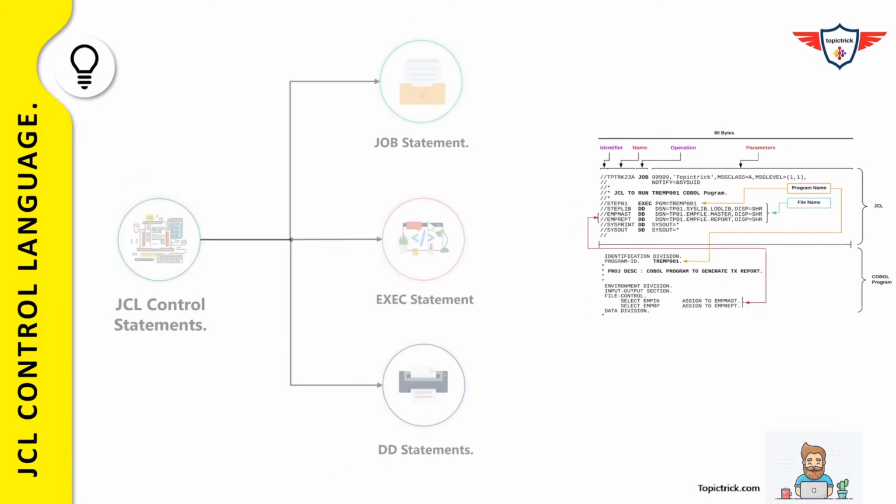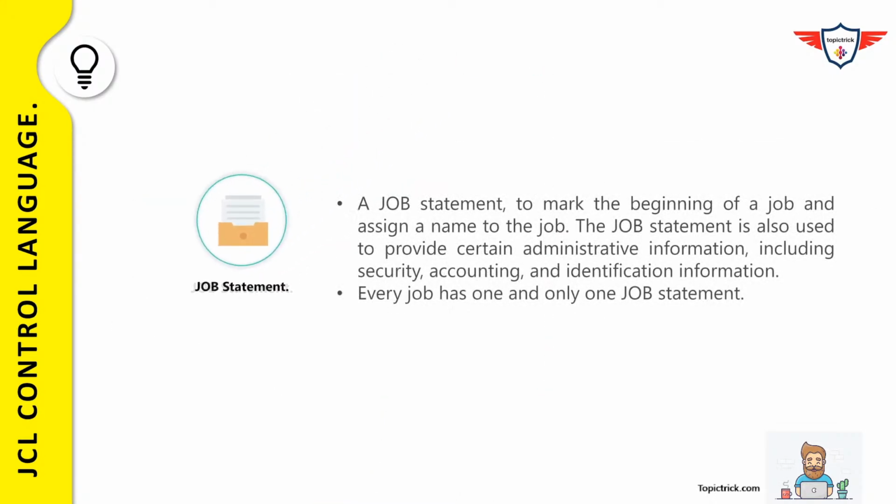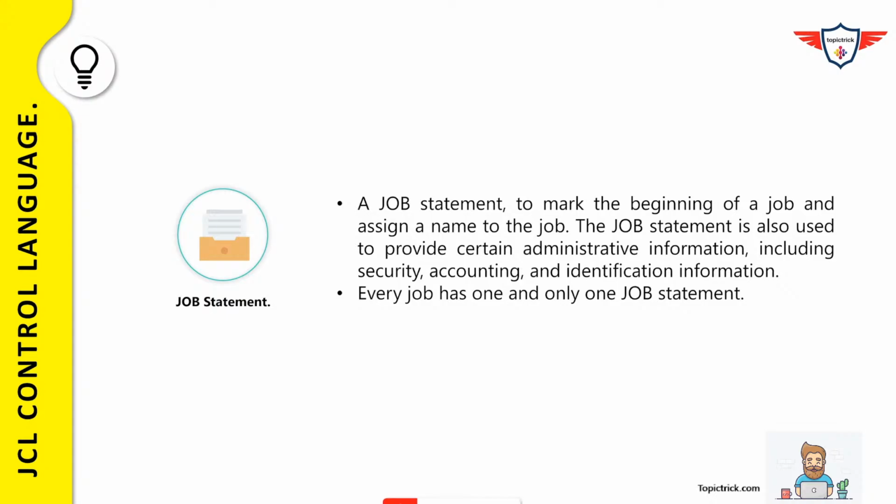Now, let's get back to our original discussion of job control statements, and let's discuss each job control statement one by one. The first one is the job control statement or job card. A job statement is the first statement of any JCL. It marks the beginning of a job and assigns a name to it.